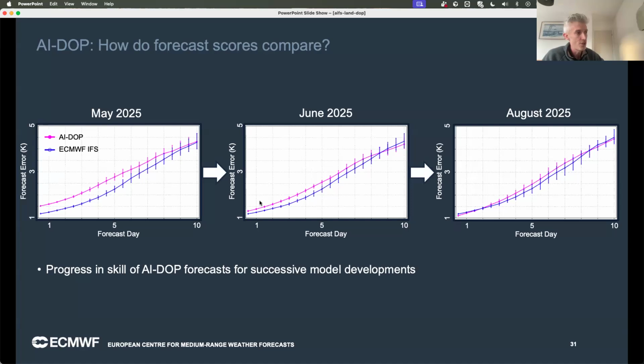The model that we trained in June was getting closer, and then by August, we're getting very close now to what the skill of the IFS is, and you can see at the short lead times, we're almost getting ahead of it. So it's looking okay, but it's very fast evolving, I would say as well. There's stuff going on all the time, so it's very exciting though.